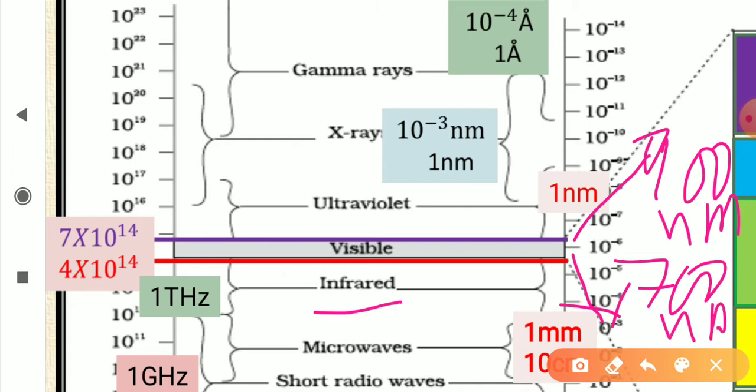So infrared is just below visible light, and its wavelength range varies from 1 millimeter to 700 nanometer, right? The frequency of red light is of the order of 4 into 10 raised to the power 14 hertz. So the frequency of infrared is from 1 terahertz, which is 10 raised to the power 12 hertz, to 4 into 10 raised to the power 14 hertz.